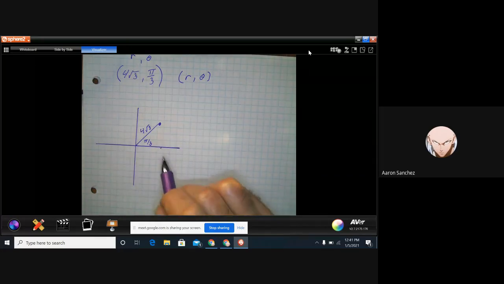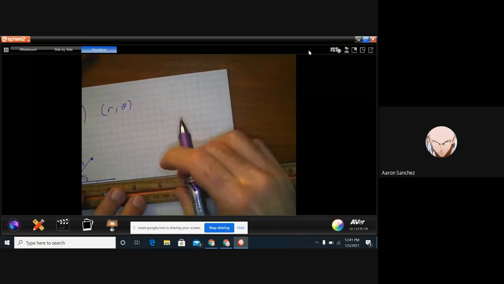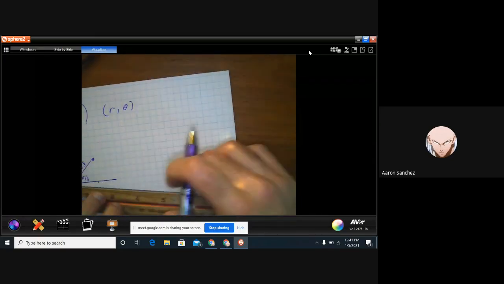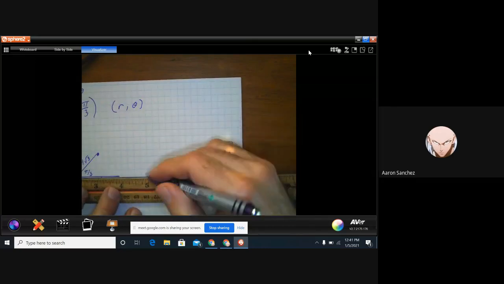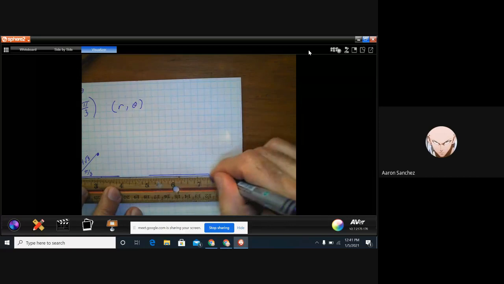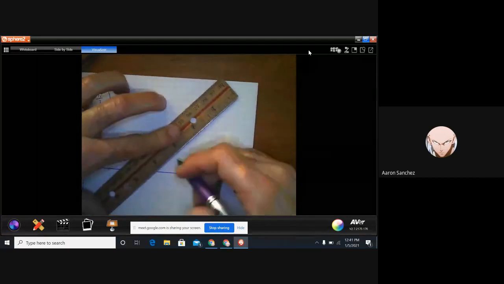Okay, so this is polar form. I want to change it to rectangular form. Okay, so now let's draw another picture. Actually, you guys draw this. I want you to draw this. So here we go. I'll give you a second to see what I'm going to draw. I'm going to draw this little section out here. What do you mean by that, Sensei? Well, I'm going to make it bigger. I'm going to magnify it.